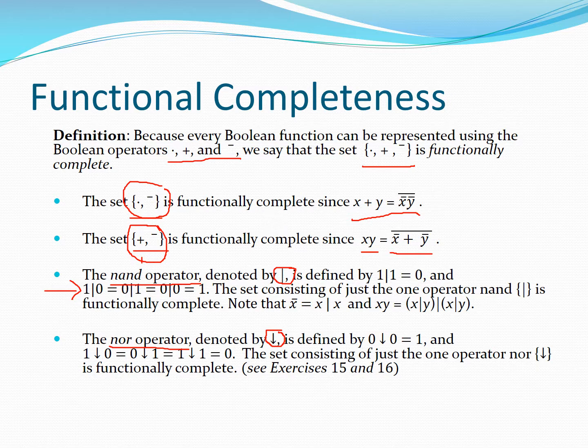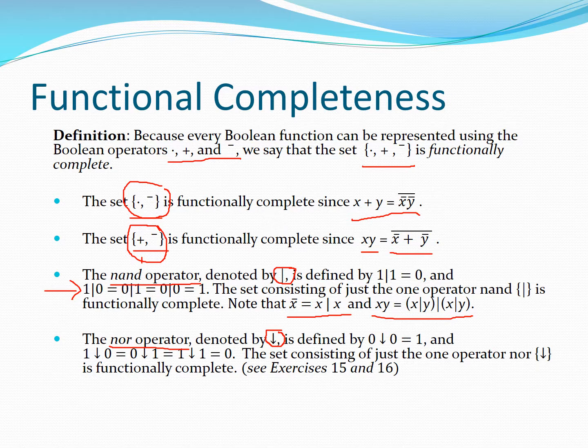All right, so now we can see that just a single NAND operator is good enough to represent any Boolean function. Here are equations to show that the complement of a variable can be represented using the NAND operator. The product of two variables can be represented using NAND operators.